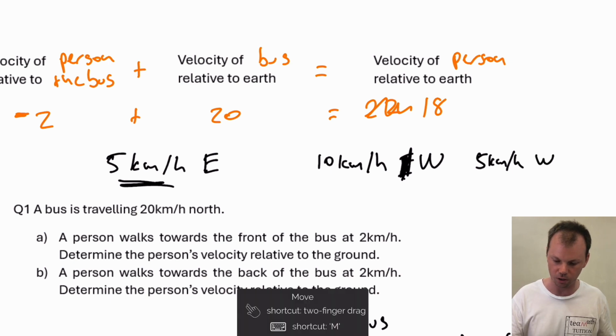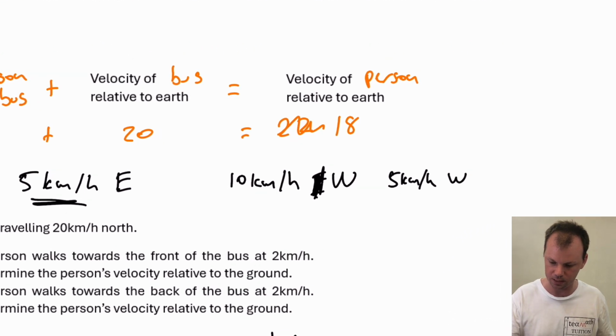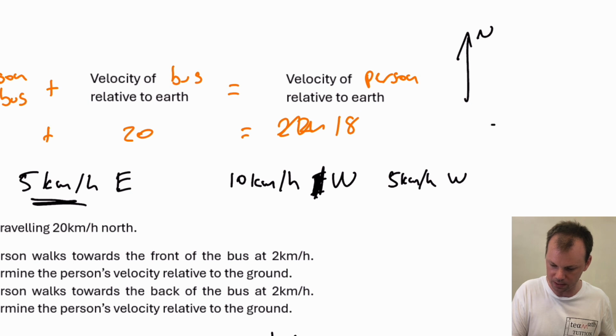The way you'd show that, if we draw a little diagram of this, north is up. We've got 10 kilometers per hour west, and we've got 5 kilometers per hour east for the water.